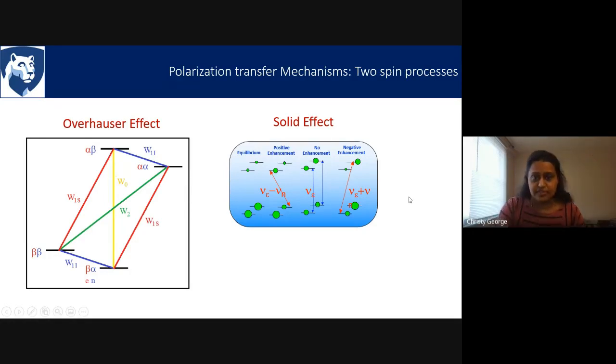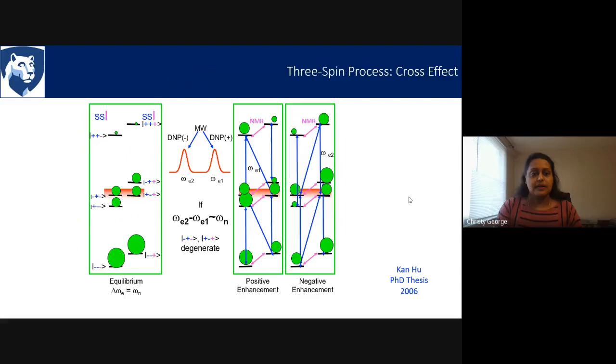Unlike the Overhauser effect and solid effect, the third effect, which is known as the cross effect, is a 3-spin process. This needs 2 electrons and 1 nucleus. And the condition for getting a cross effect is that the difference in the EPR transition frequency between these 2 electrons has to be equal to the nuclear transition frequency.